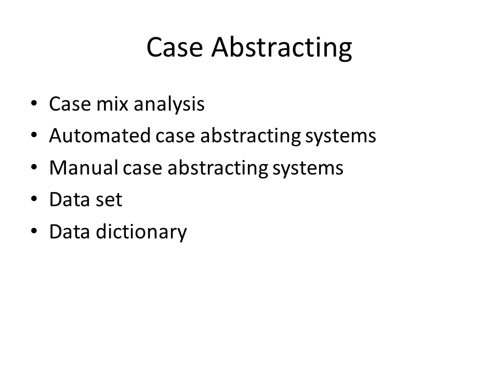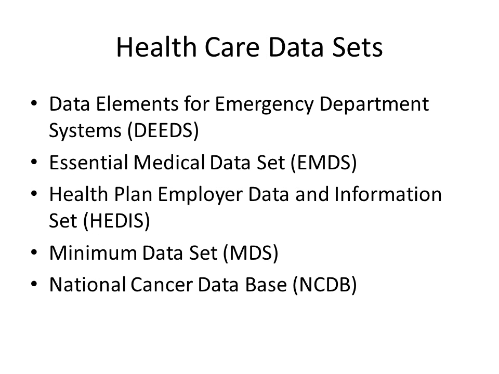You also have manual case abstracting systems, which require health information department staff to enter patient data on a case abstract form. So if automation is not available, manual case abstracting can also be done, and everything would just be filled out on a form.